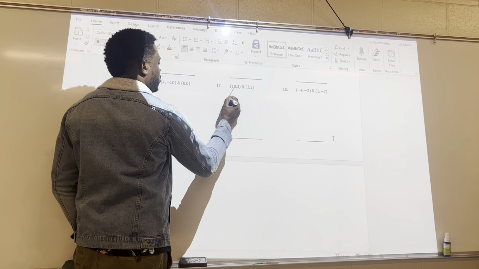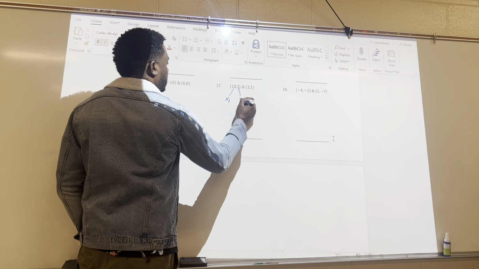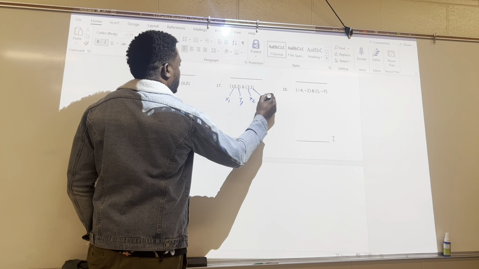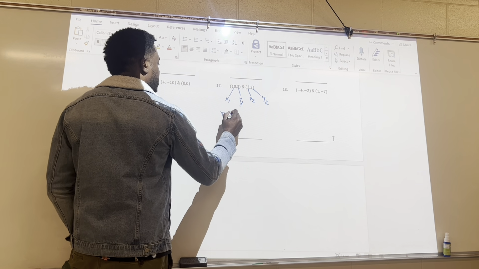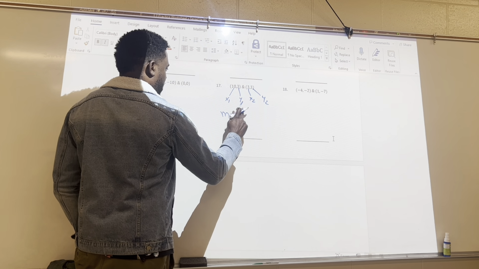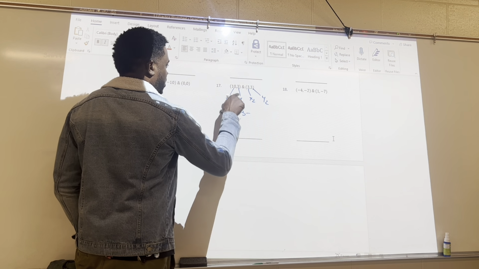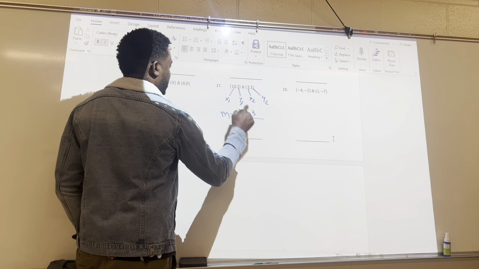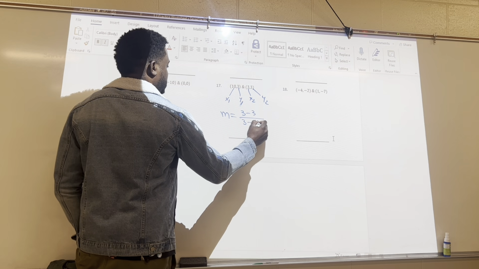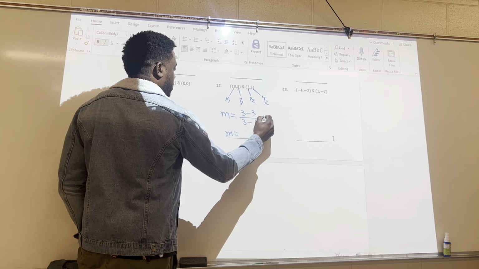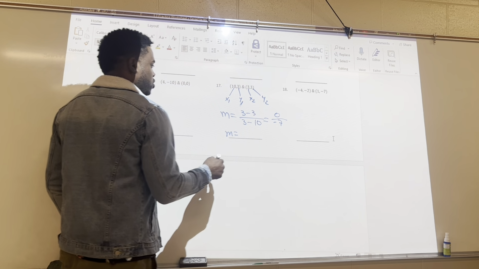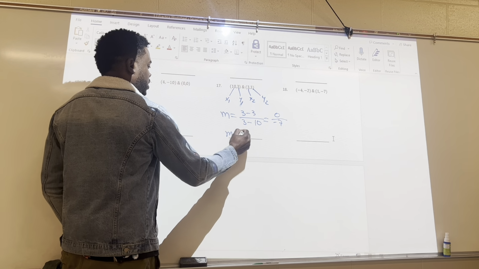So we're looking at our x1, y1, x2, and then y2, and then we apply the rate of change formula or the slope formula, which is my y2, which is 3, minus my y1, which is 3, divided by my x2, which is 3, and my x1, which is 10, which means that my slope is 0 over -7. So which means that my slope over here will be 0.